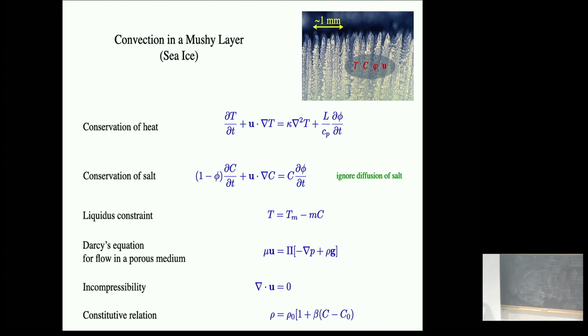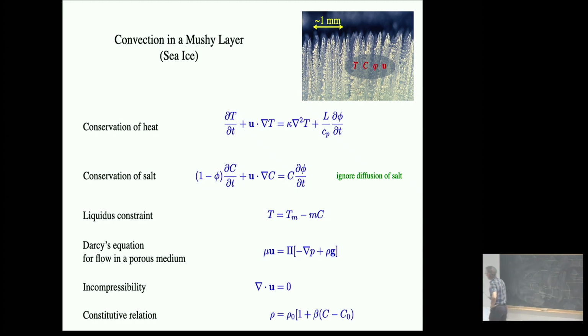Let's just remind ourselves of their structure. We have an advection diffusion equation for heat with an internal release of latent heat proportional to the rate at which the ice grows internally to the mushy layer. Okay? We have conservation of salt, so advection and diffusion that we're ignoring, and so the only way that the salinity can change is by fluid flow.